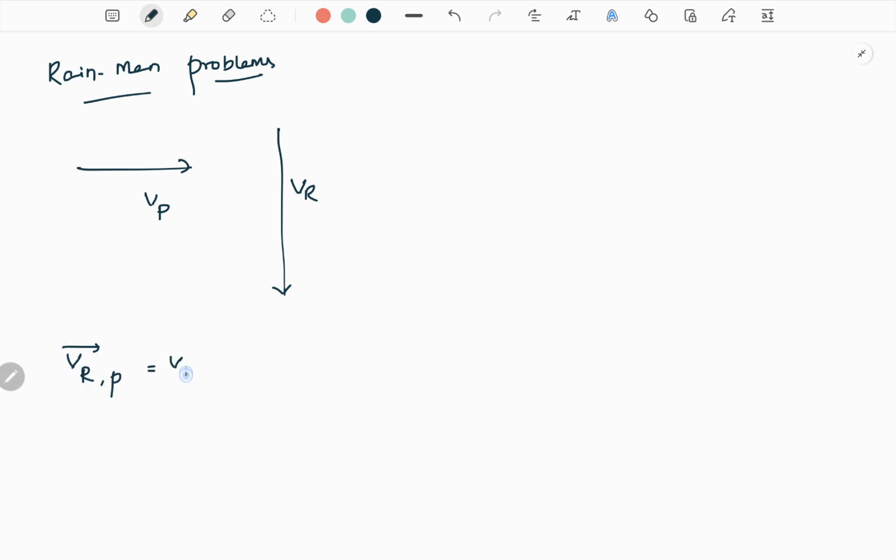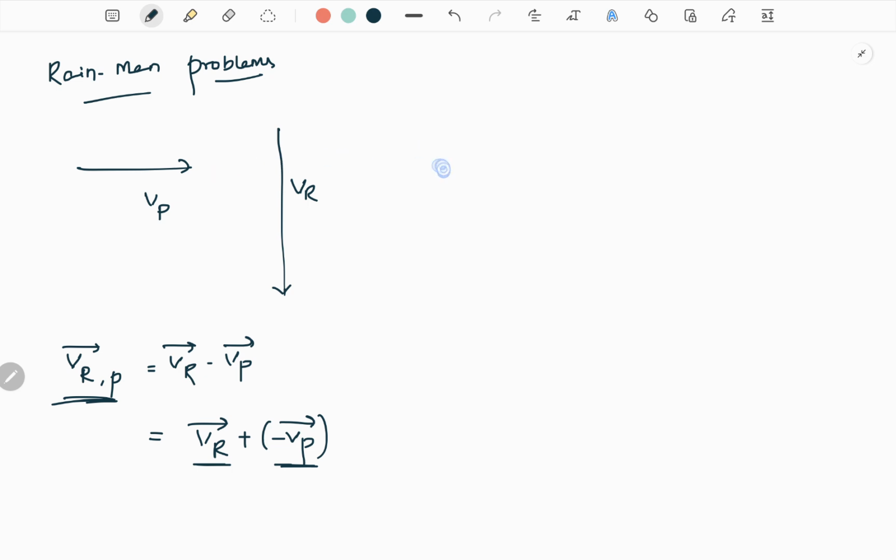We can write it as velocity of the rain minus velocity of person, or Vr plus minus Vp. This is the velocity of the rain relative to the person. So we can write it as the vector sum of the velocity of the rain relative to a person at rest on the ground, and the negative of the velocity of the person.